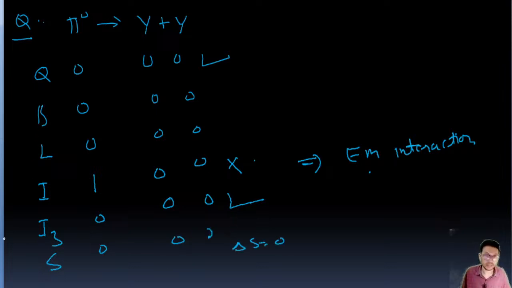Next, guys, next question is pi plus plus n goes to pi minus plus proton. Okay, so we have to check whether it is by electromagnetic interaction, weak interaction, or strong interaction.